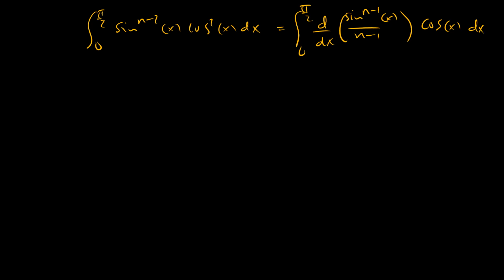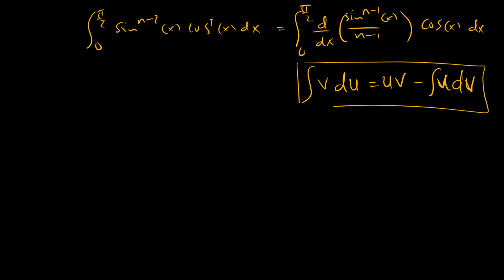Then using integration by parts, where if we have a product of the derivative of function u times function v, when you integrate that, you get uv minus the integral of u dv, right?